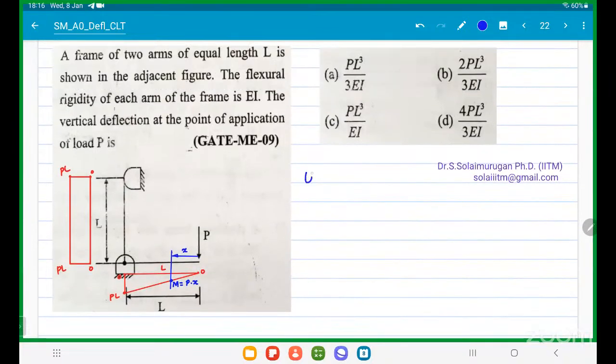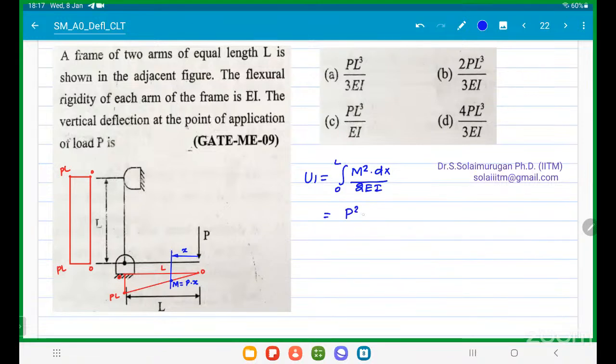Sir, U1, strain energy due to varying bending moment in the horizontal member, is equal to integration of M square dx by 2EI, integration limit 0 to L. Let us complete this.